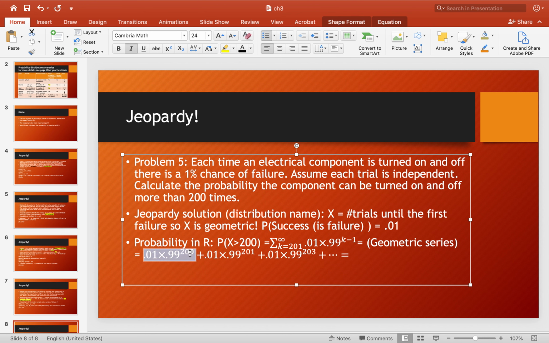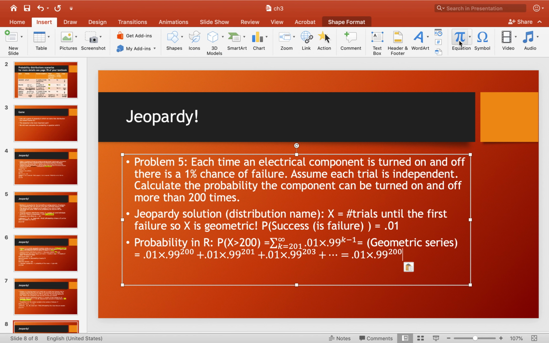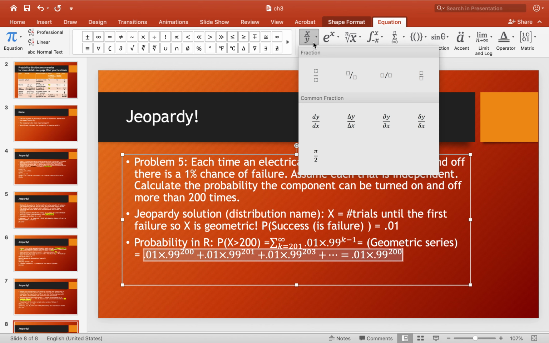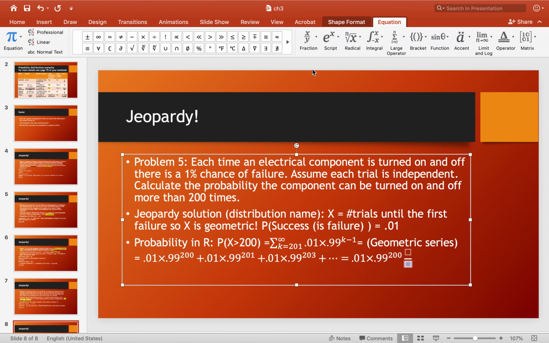In fact, it's going to be this. And here, one over 1 minus 0.99. So in fact, it's just 0.99 to the 200.